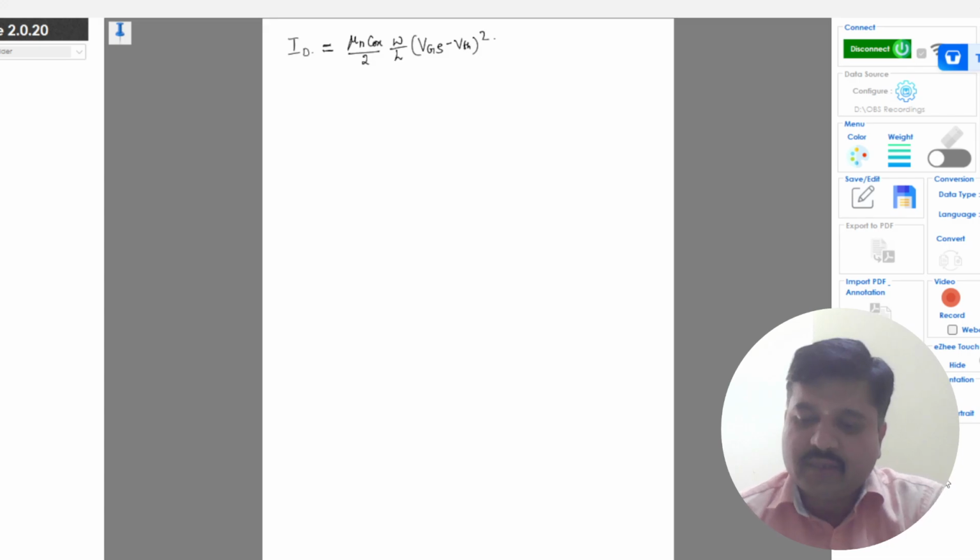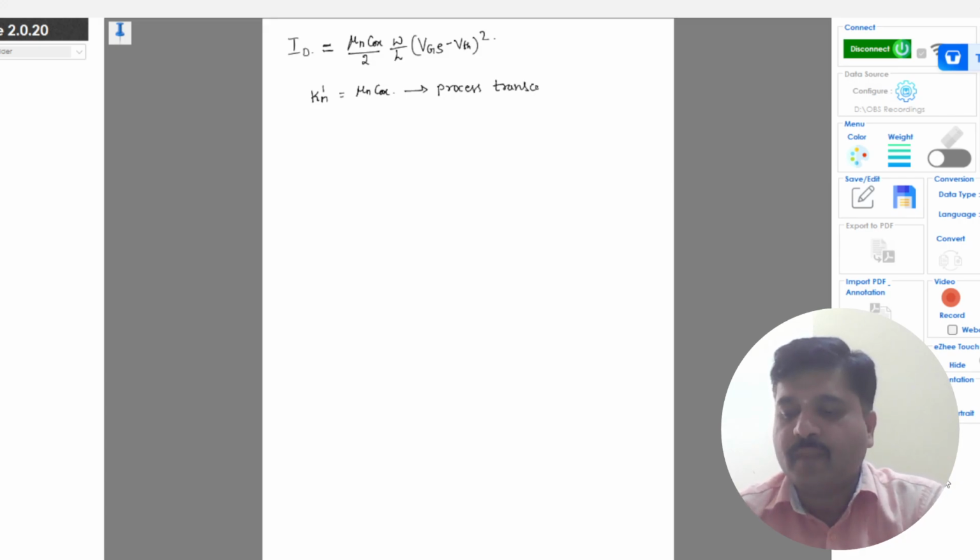So here there are certain terminologies that we have to come across. One of them is Kn dash, which is μn COX. This μn COX is basically called the process transconductance, as μn is the mobility of the electrons and COX is epsilon OX by TOX.